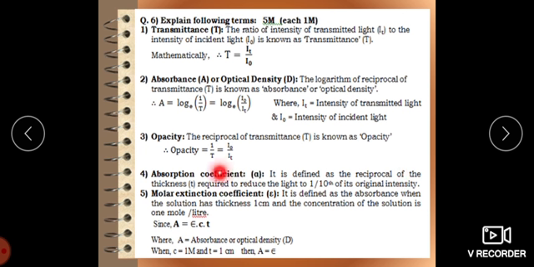Fifth term is the molar extinction coefficient. The symbol for it is epsilon.